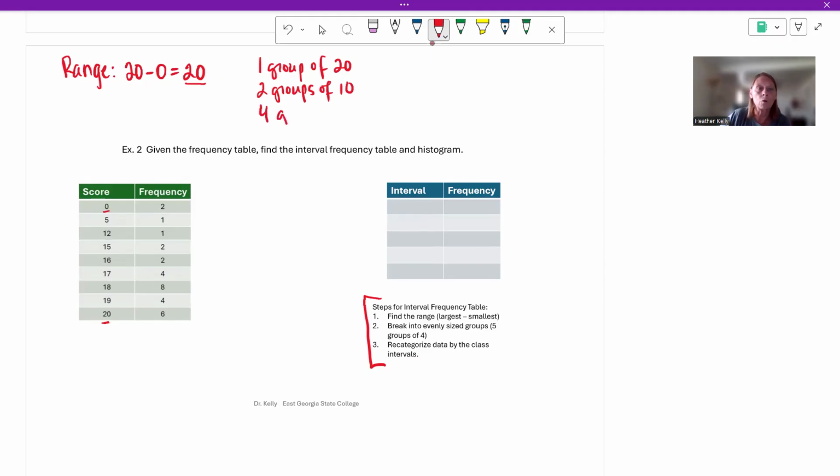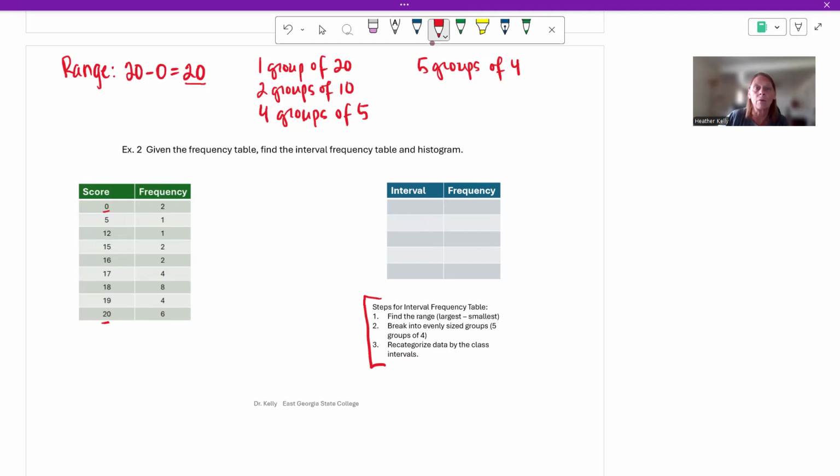We could have 4 groups of 5. We could have 5 groups of 4. Now notice what I'm doing. I just started with 1. I said 1 times 20, 2 times 10, 3 doesn't go into 20, 4 times 5, 5 times 4. That's literally all I'm doing.